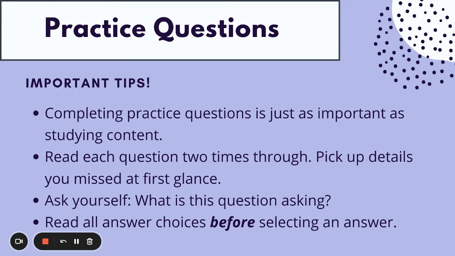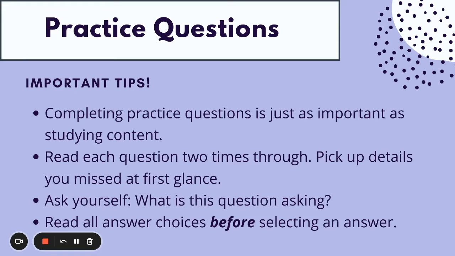Always ask yourself after reading the question, what is this question asking? If you're not able to understand what the question's asking, you need to go through and read it so that you do understand. And some of these questions can be longer, they can be dense, they can be confusing. This is where you really want to rely on some sort of breaking down questions strategy.